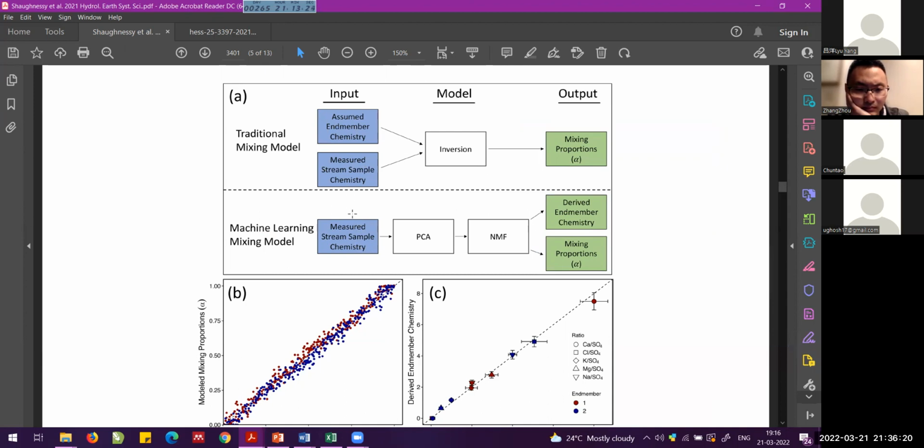That is why I think they have used synthetic data, and based on that, when they're predicting, they use the chemical data that have been measured. They have a considerable amount of actual data, the real data, but if you use the real data, then the end member chemistry has to be assumed early. Therefore, using this particular machine learning method, they used the synthetic data to train the model, and as a result, during the prediction, they do not need the end member chemistry.